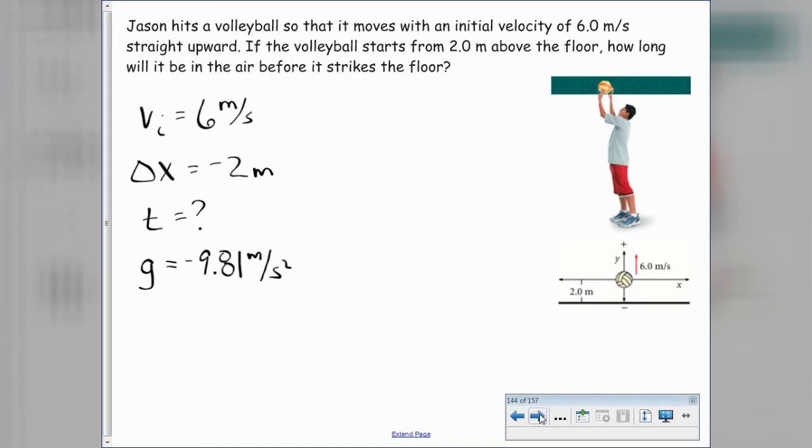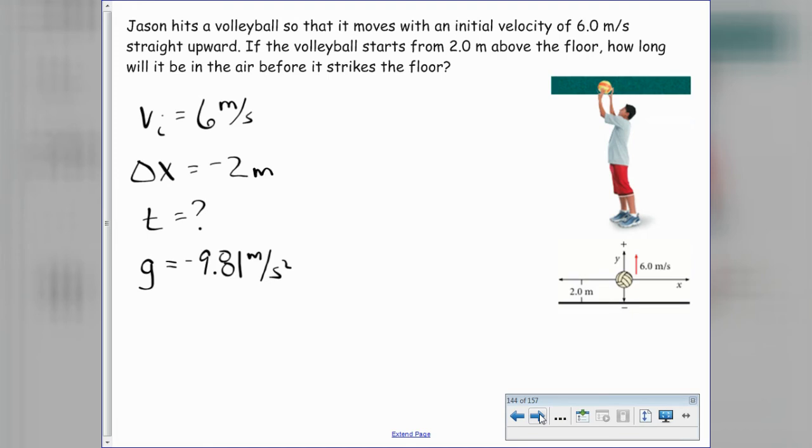Now, with this information, again, we're looking for time. And we have no equation that just gives us time right off the bat. We have to use an equation that does have time in it.